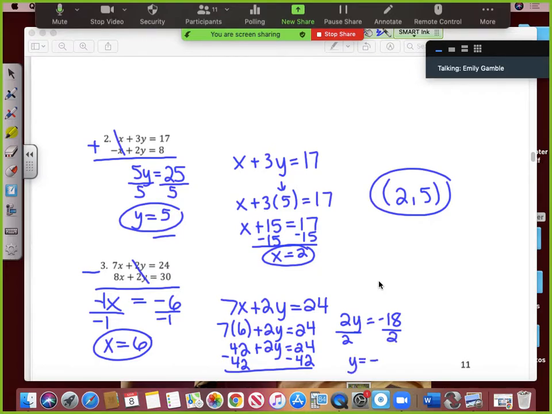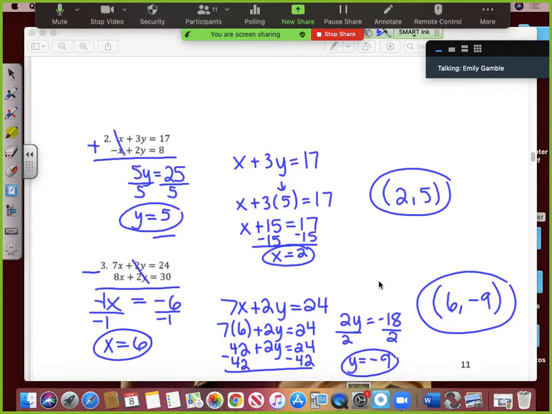And we're going to get that y is equal to, oops, not negative 8. y is equal to negative 9. Altogether then, that means that the final answer is 6, negative 9. That is the point where these two lines cross. You can always take your answers and replace them in for x and y to verify that you did not make a mistake. And you can also know that you for sure have a correct answer before moving on.